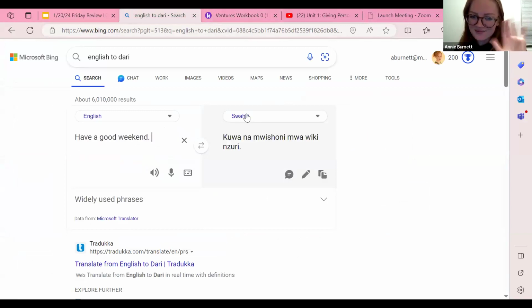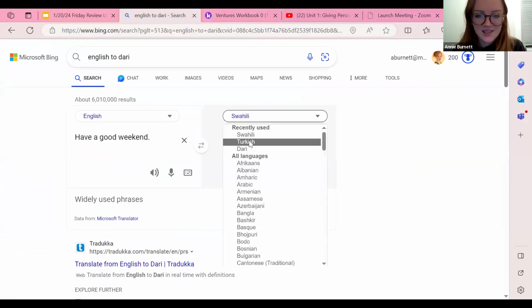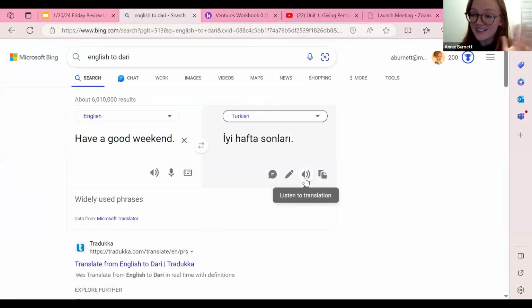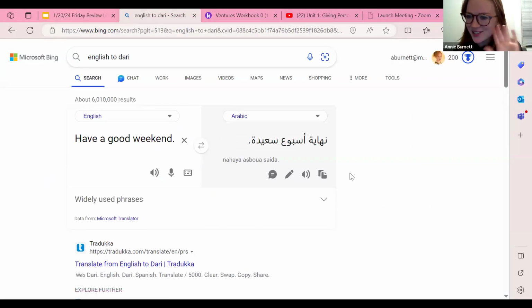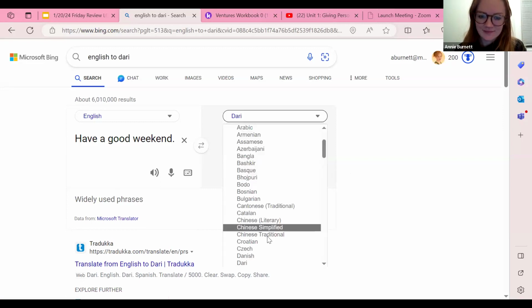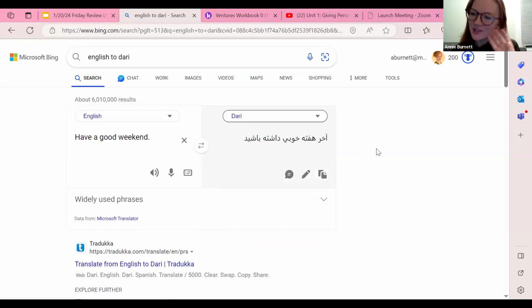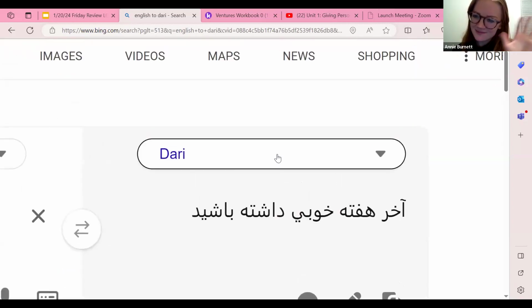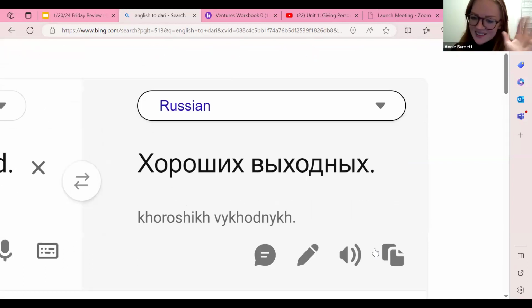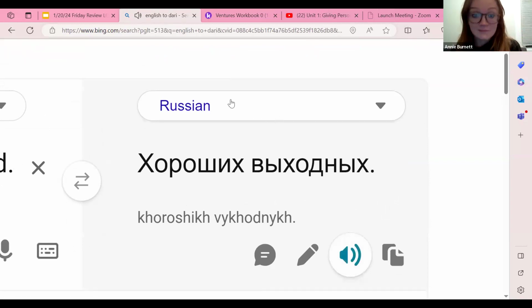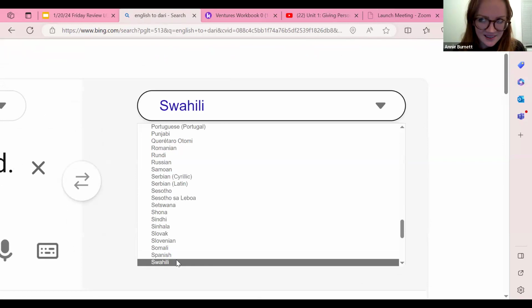Turkish. Arabic. Dari. Russian and Somali.